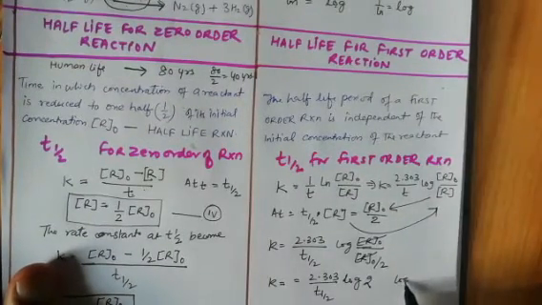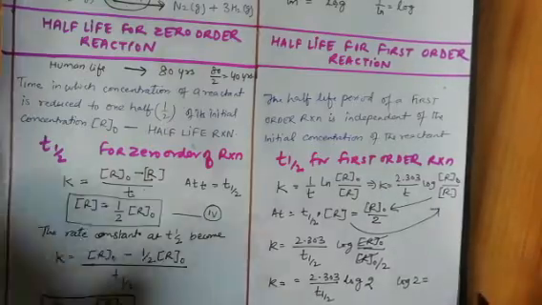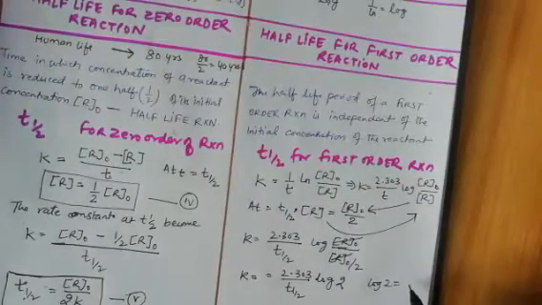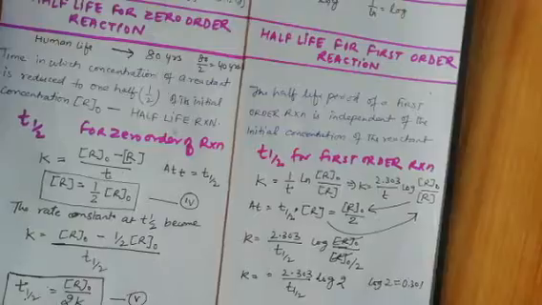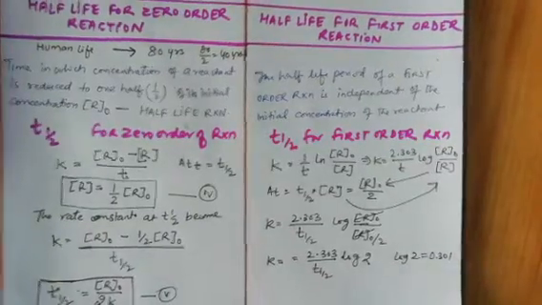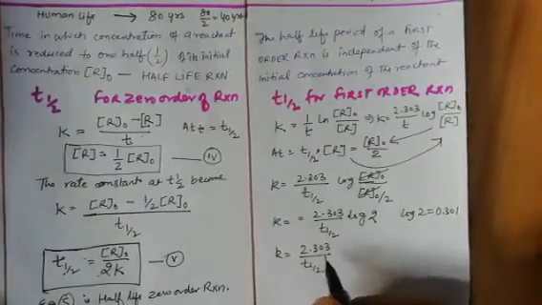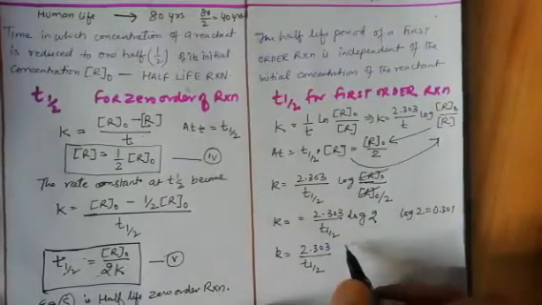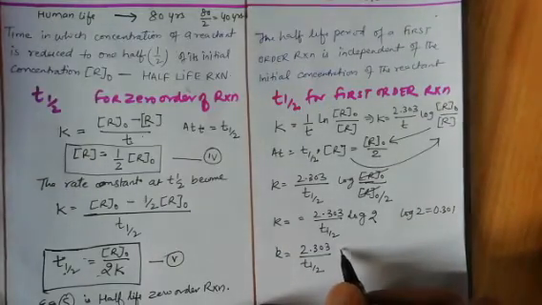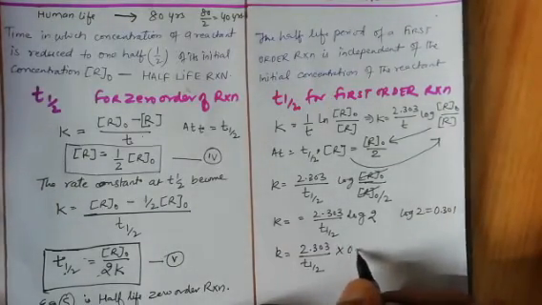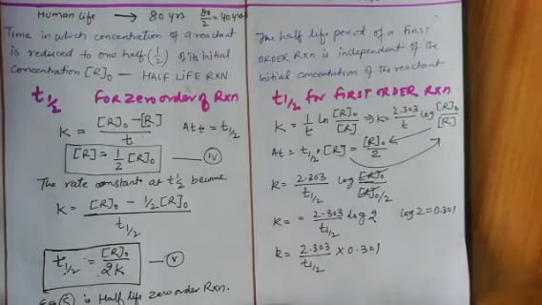And dear students, when we check log 2, it is equal to 0.301. Okay, and k is equal to 2.303 upon t half into log 2, which is 0.301.